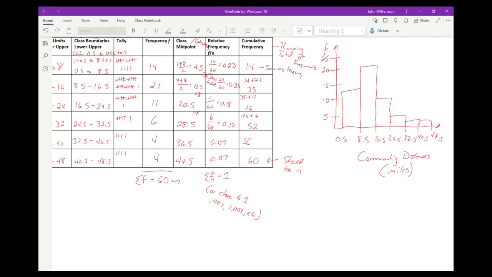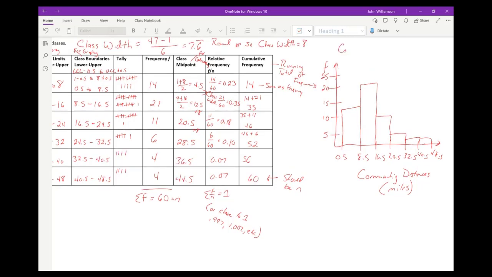And then the last piece, add a title. So commuting distance to Dallas, for example. All right. And that's all there is to a frequency histogram. The only difference between this and a relative frequency histogram is that instead of frequencies going up, you would have relative frequencies. That'd be the only difference.